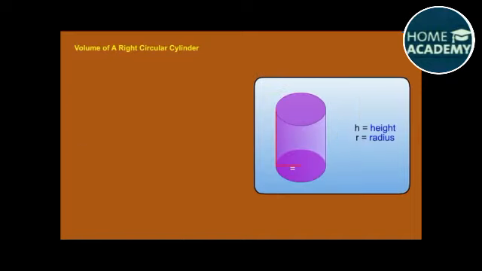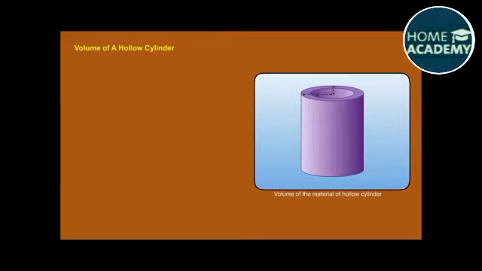Volume of a right circular cylinder. Volume of the cylinder equals area of the base into height, which equals pi r square h. Volume of a hollow cylinder.